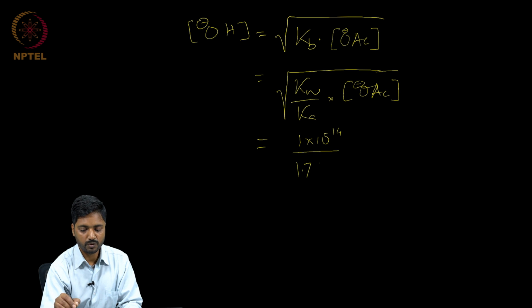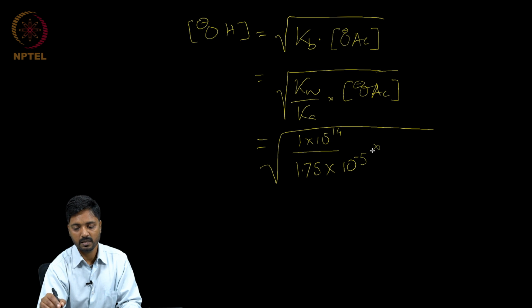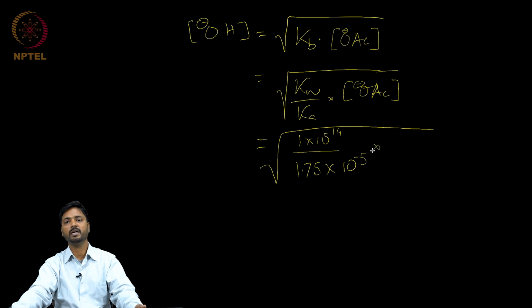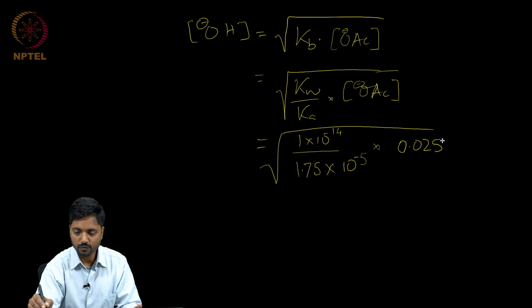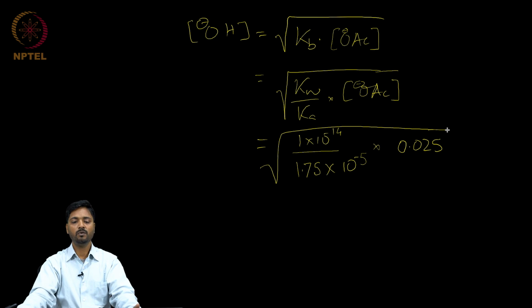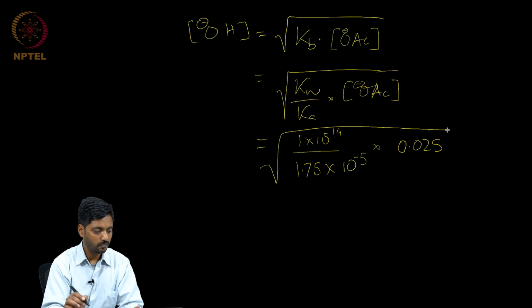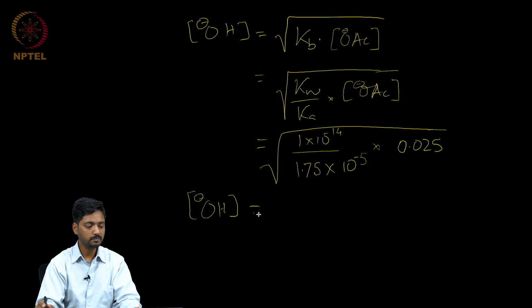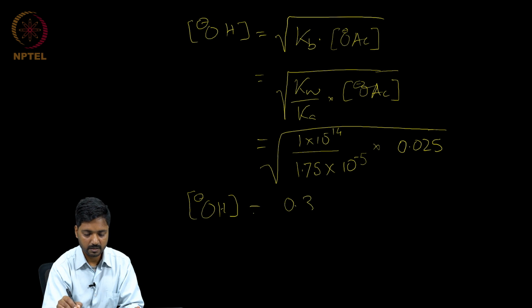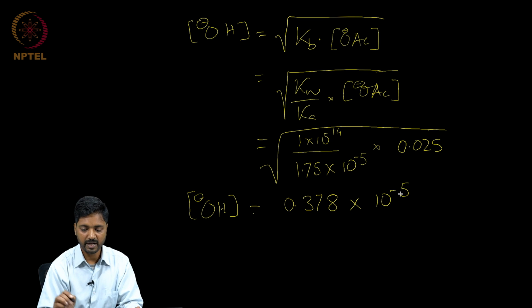Ka value we know for acetic acid is 1.75 into 10 to the power of minus 5, and the acetate anion concentration that we calculated here was 0.025 molar. Now, when we resolve this, what we get is that the hydroxyl ion concentration turns out to be 0.378 into 10 to the power of minus 5.